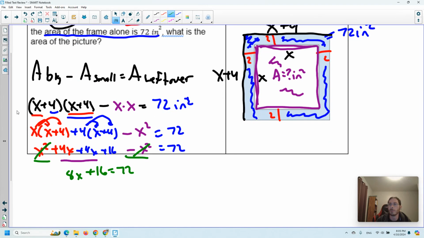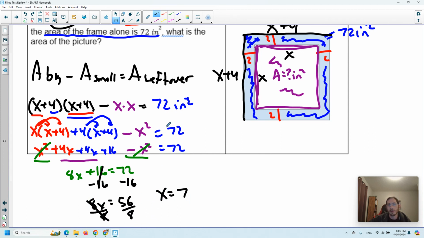So we're going to use our unit 1 skills, and we're just going to get x by itself. So we're going to subtract 16 on both sides to get 8x equals, let's see, it's going to be 56. We're going to divide both sides by 8 to get x equals 7.